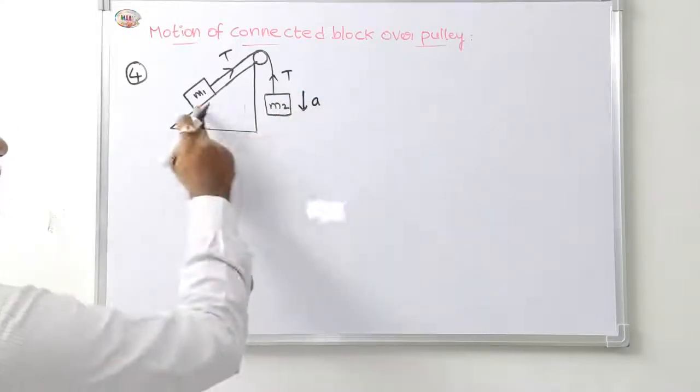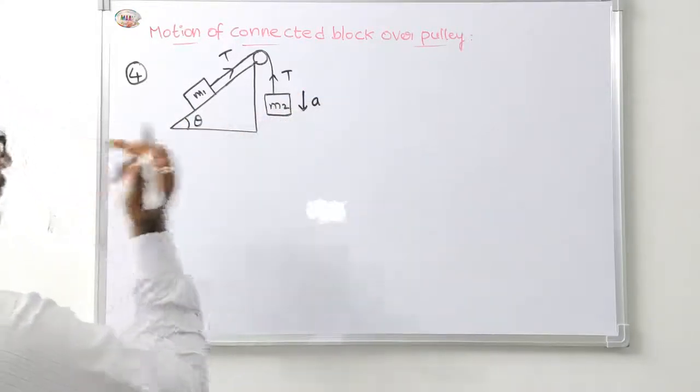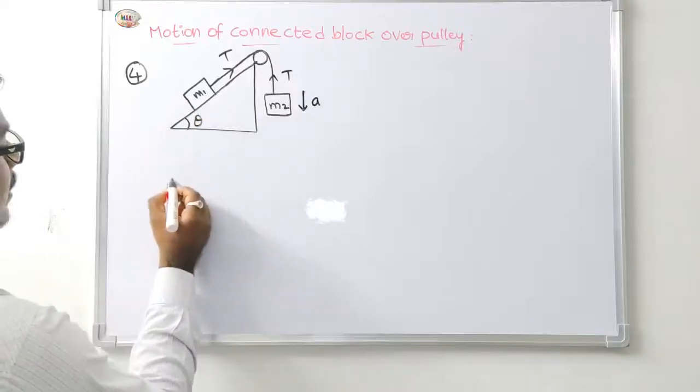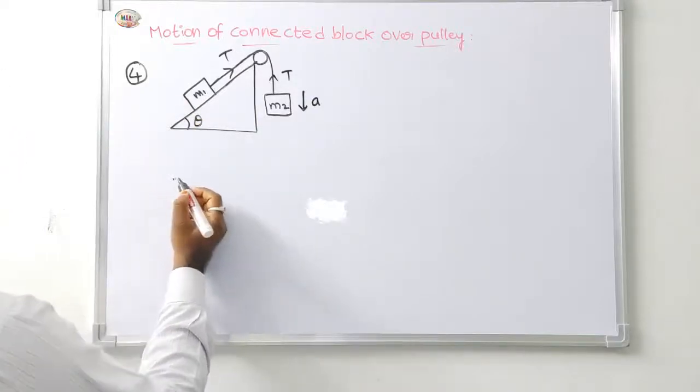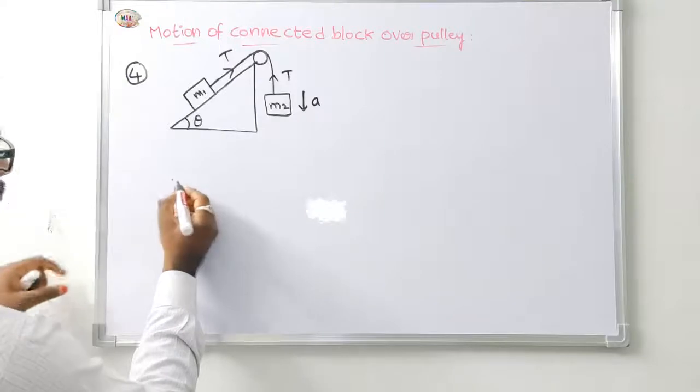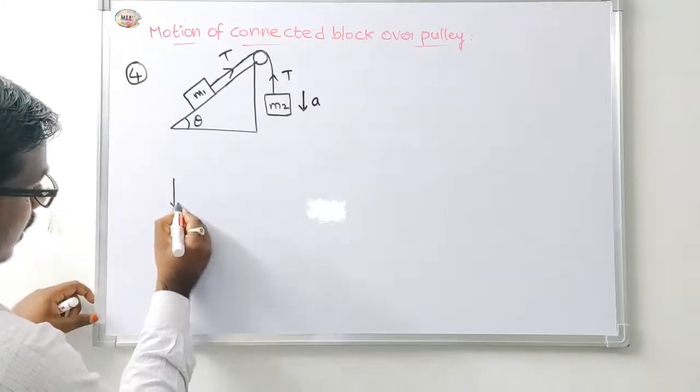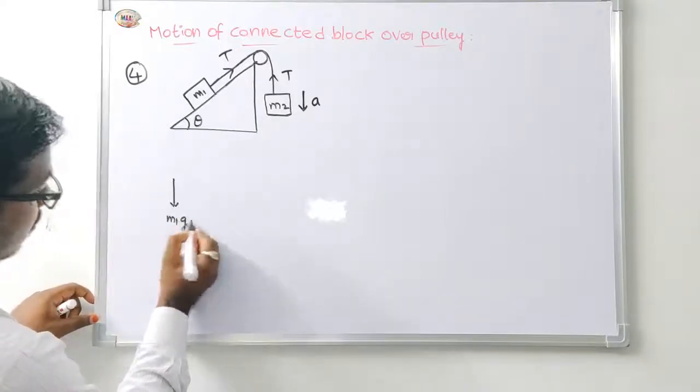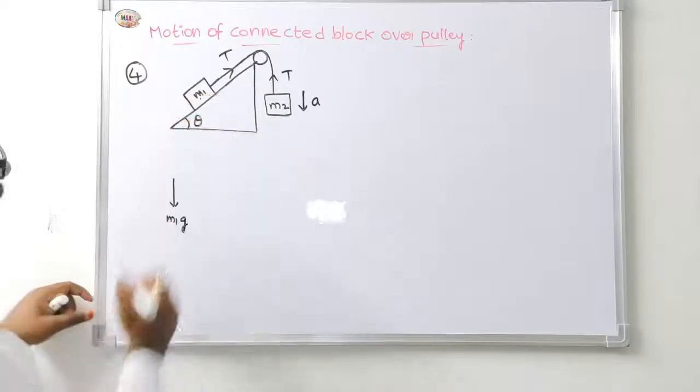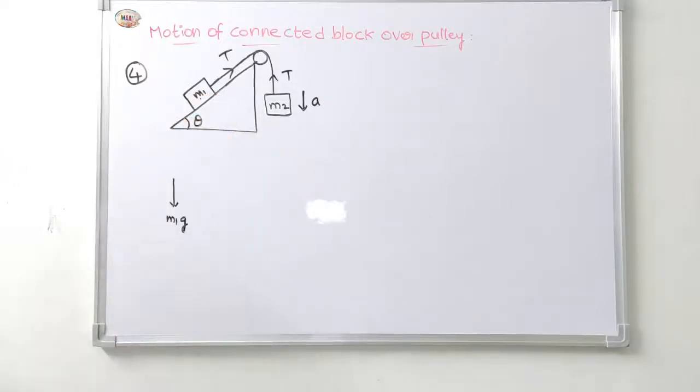So M2 is greater than M1. First take the M1 block. M1G is acting in the downward direction, making an angle theta.